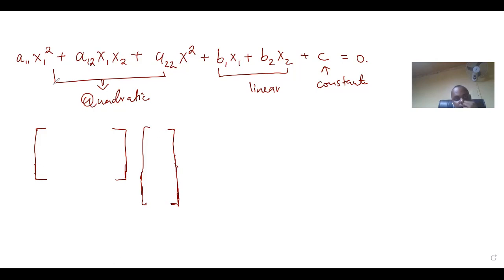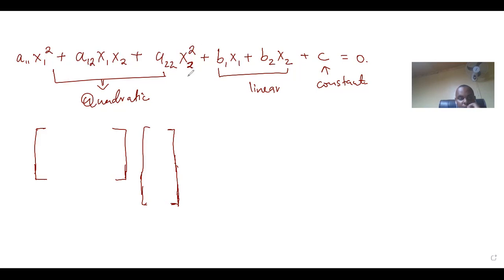Oh, what do we write? This is a matrix. Is this x1 or, oh, this is just x2, right? X2 squared, yes.